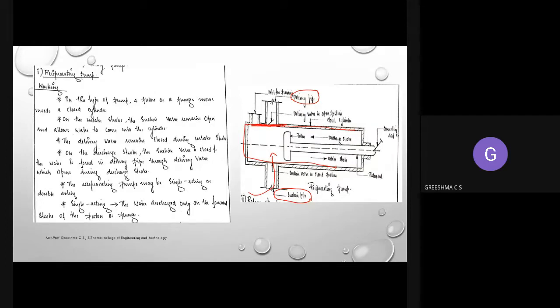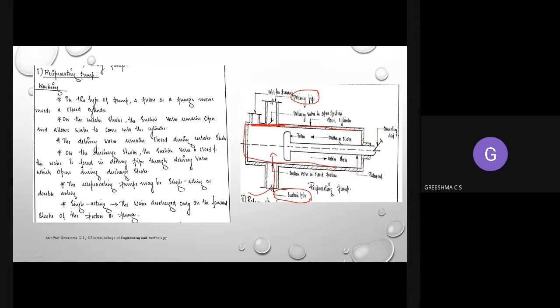Now that you have studied about the intake structures, how the water is being stored and how the water is being taken from different sources, now we have to pump this water to the distribution channels. The stored water has to be pumped to the distribution channel.